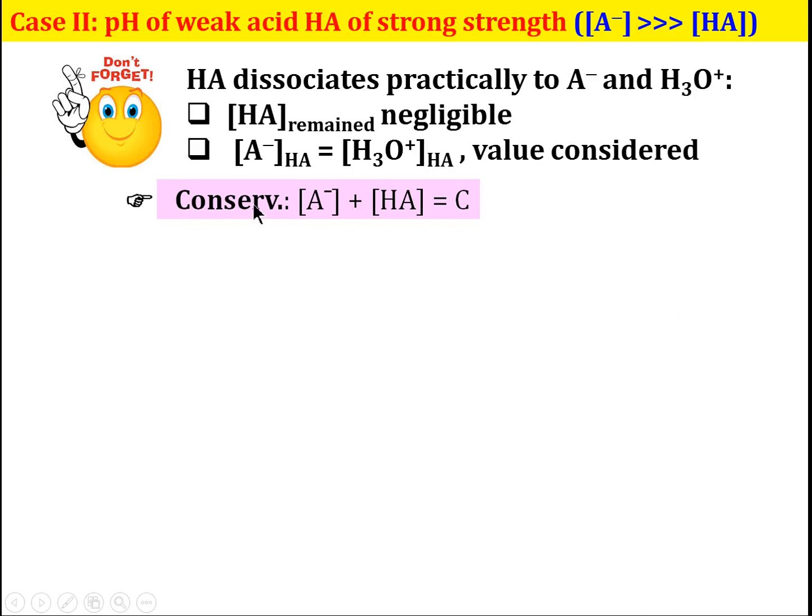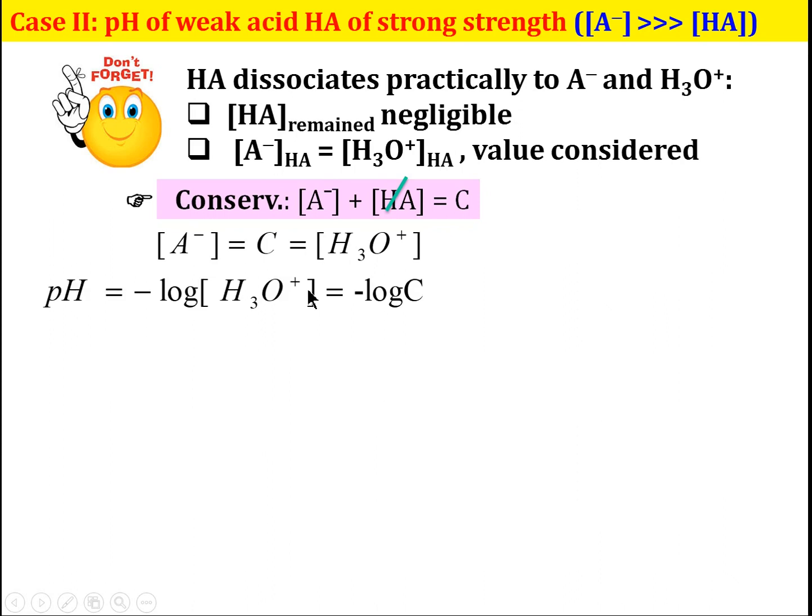By writing the expression of conservation of species, the concentration of A minus in the solution plus the concentration of HA remaining in the solution is equal to the initial concentration C. In case 2, we suppose that HA is negligible with respect to A minus, so we can neglect HA, and in this case we obtain A minus equals C equals H3O plus.